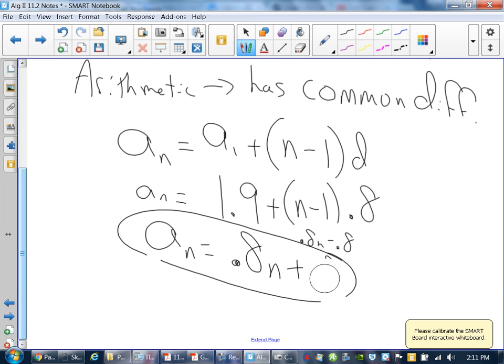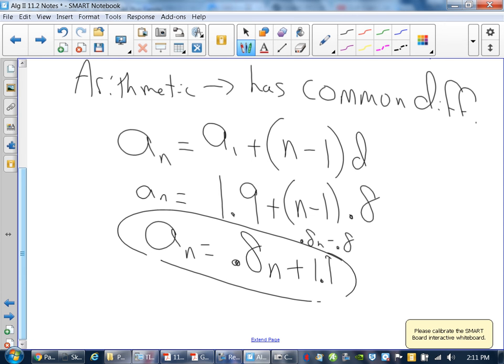Math is hard. I accidentally wrote it as 0.8. So the rule, just like we wrote a second ago, was 1.1 plus 0.8n.